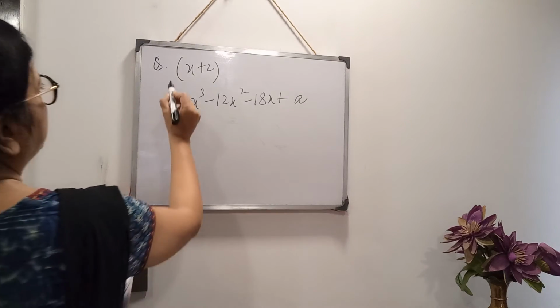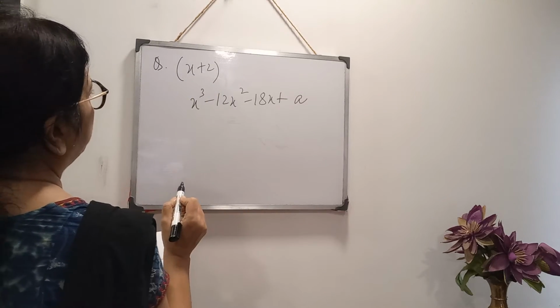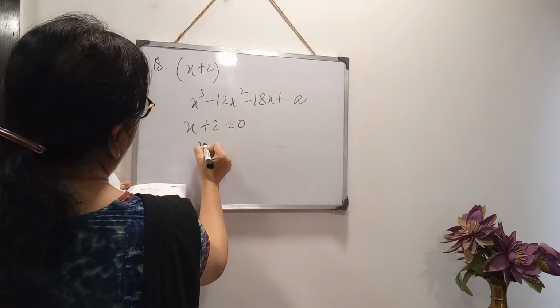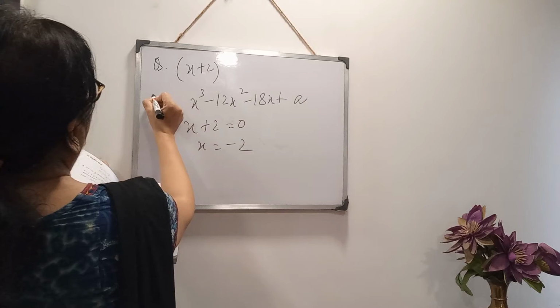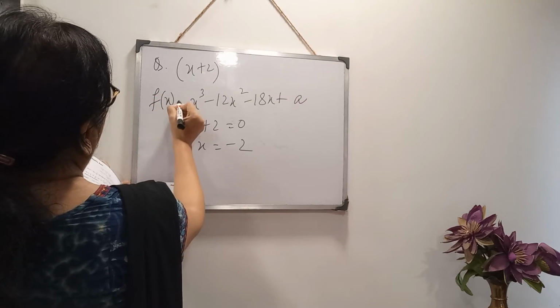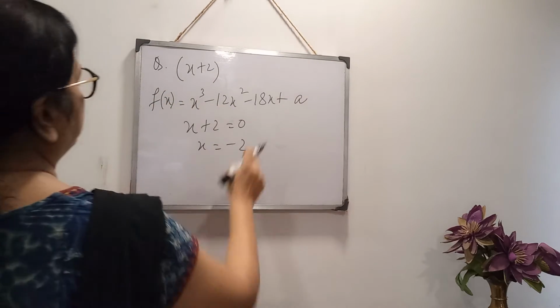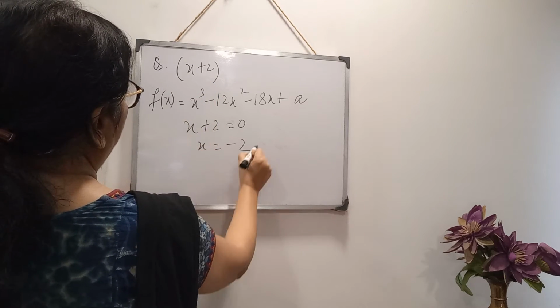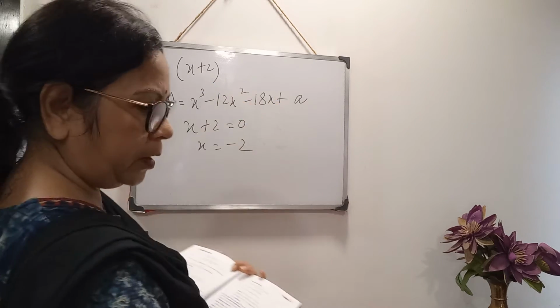Okay. Now it is told x plus 2 is a factor of the polynomial. So factor means x plus 2 equal to 0, x equals to -2. We are considering let the polynomial be f(x). f(x) equals to this. When this is a factor, this value of x will satisfy this. Clear?